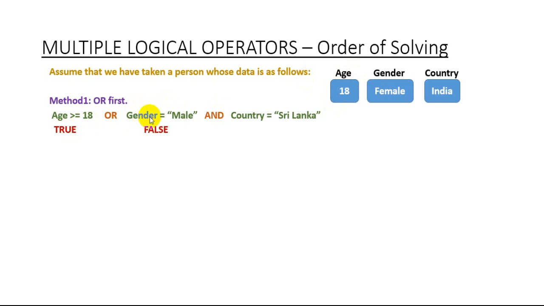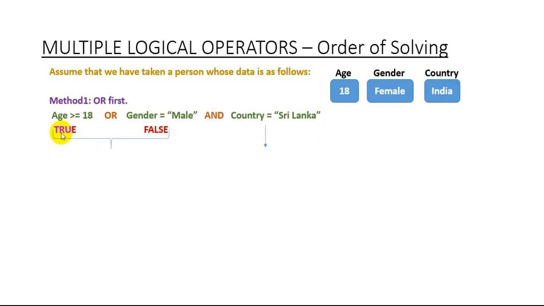Now gender equals male: gender is a variable that contains female, so gender equals male is false. Gender is not male, so this condition is false. This condition is true. Now we are going to solve the OR first, before doing the AND. If you take the country, country equals Sri Lanka, no, it's India, so obviously this is also false.